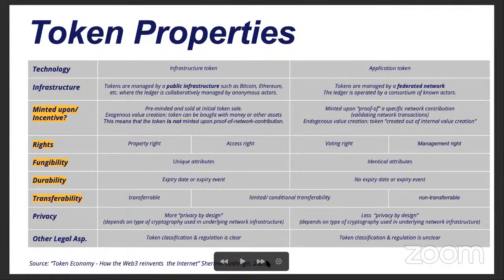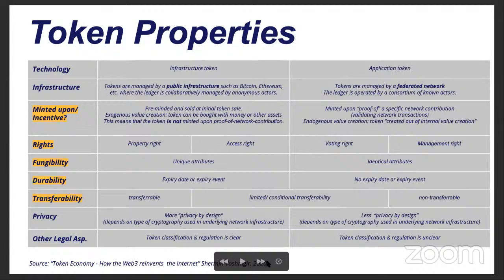These have different kinds of legal implications for the use cases that you build on top of them. Then one very important question is, does the token represent something of the real world that exists today that you buy, such as a piece of art? And these art NFTs, they are bought with money that already exists, right? Or is the token minted upon proof of a specific network behavior?